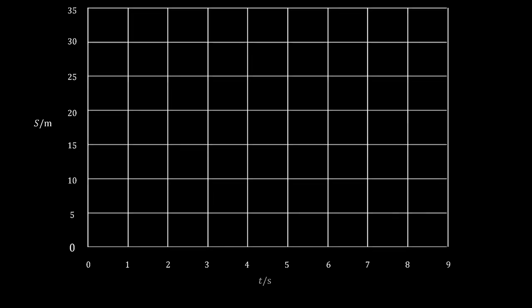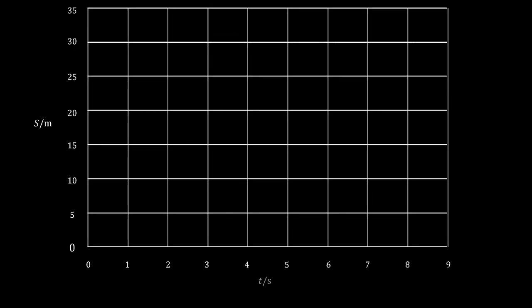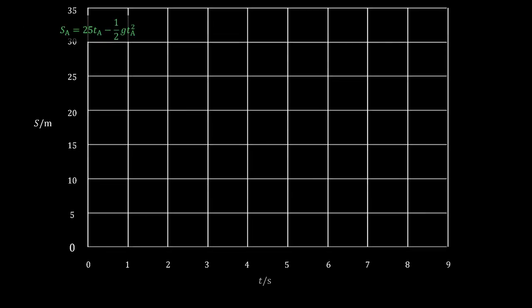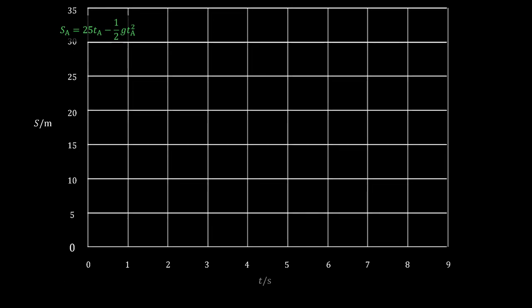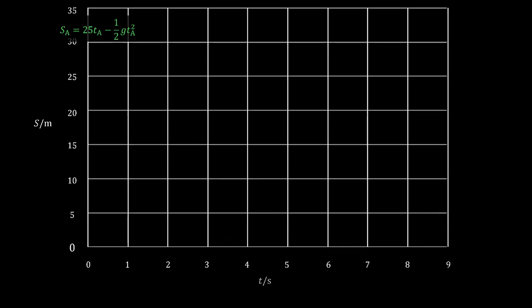After that, we plot the variation of the displacement from the point of projection for each ball with respect to time. The variation with time of the displacement of ball A from the point of projection is given by S_A equals 25 T_A minus half g T_A squared.